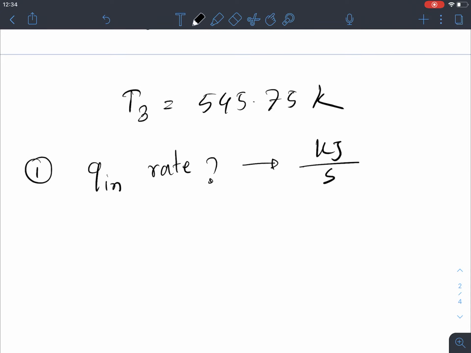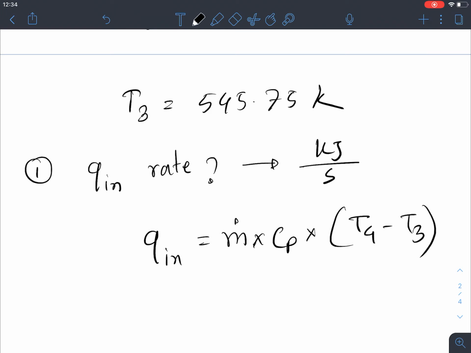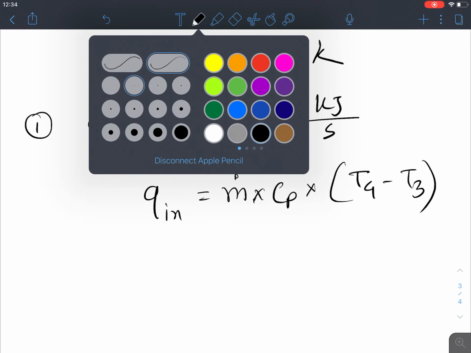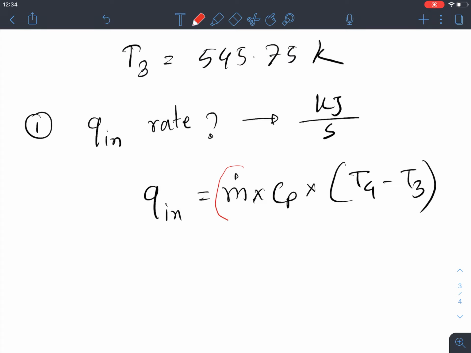To determine the kilojoule per second, the formula is Q in equals mass flow times Cp times T4 minus T3. But we don't know the mass of this system. So how can we determine the mass?